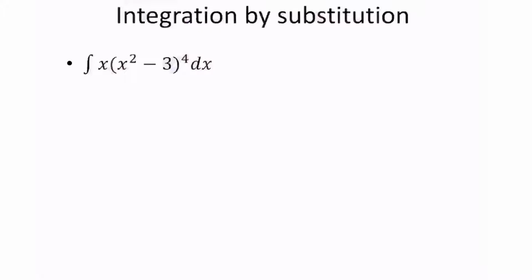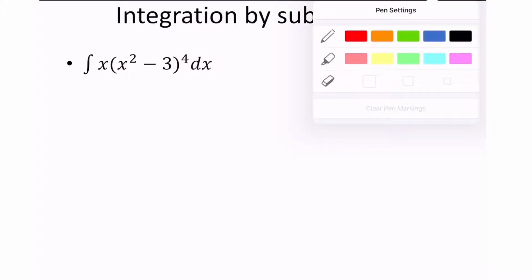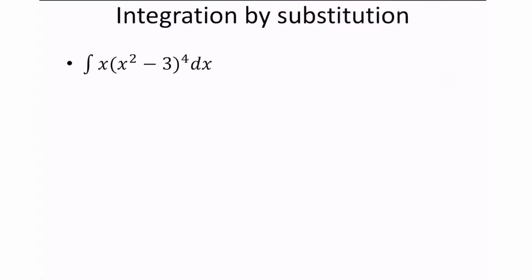All right. So as you can see here, we have a function inside a function. We have the function x squared minus 3 inside another function, which is to the power 4.